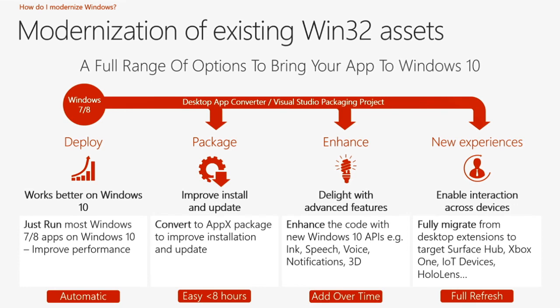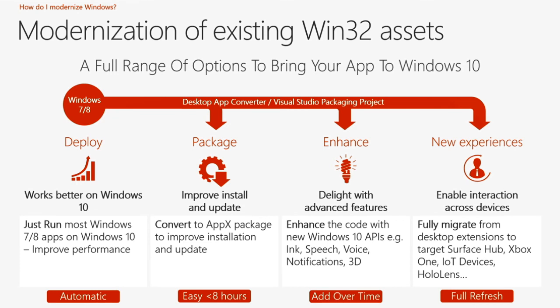If you wanted to move through the maturity model for the app modernization, the next thing you can do is start enhancing your app code with Windows 10 specific APIs. And this is where you bring in the rich feature set that's in Windows 10 with speech recognition, face recognition, Windows Hello, and then also the ink features.